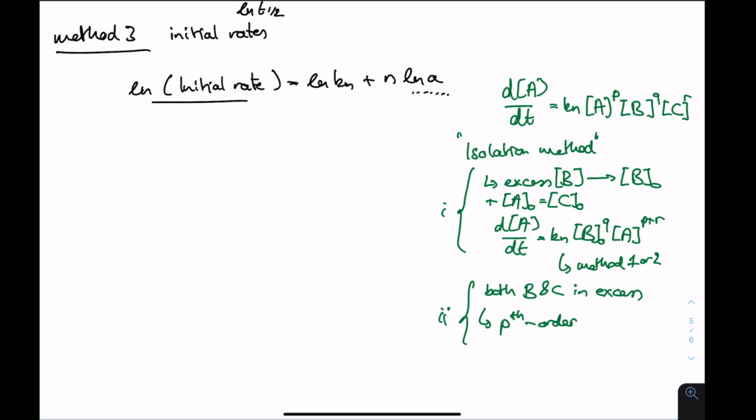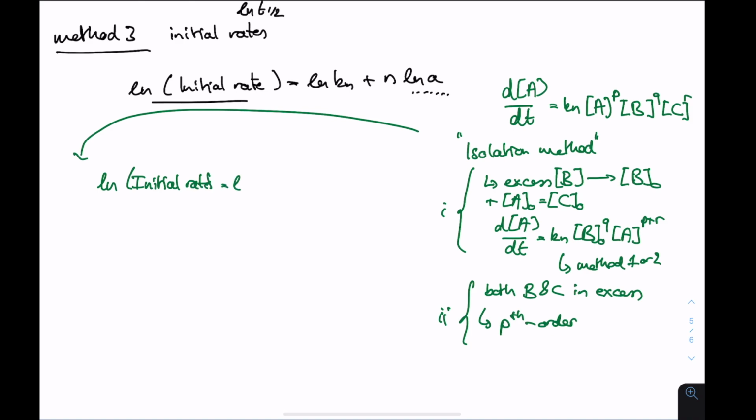So an interesting point of method 3, which is why we're getting to this, is if you look at this example, we have ln of the initial rate, which in this case would be ln k plus p ln A0 plus q ln B0 plus r ln C0.